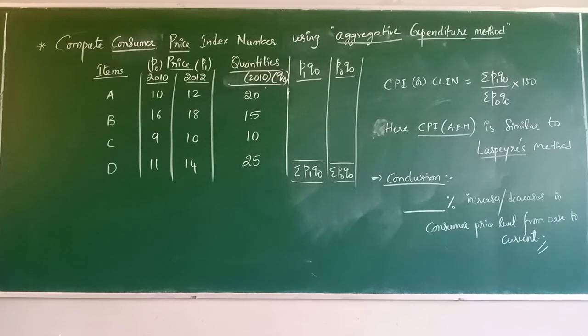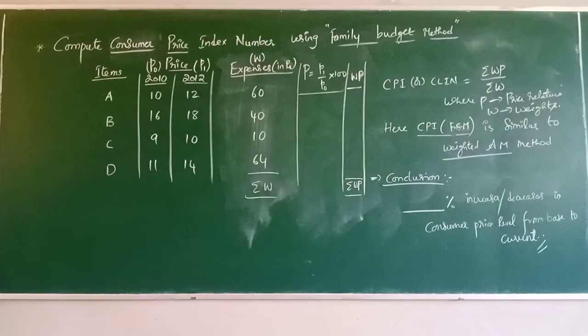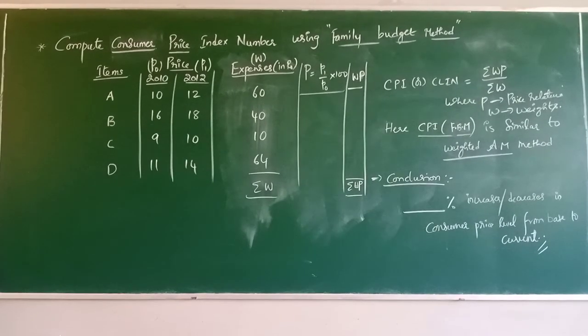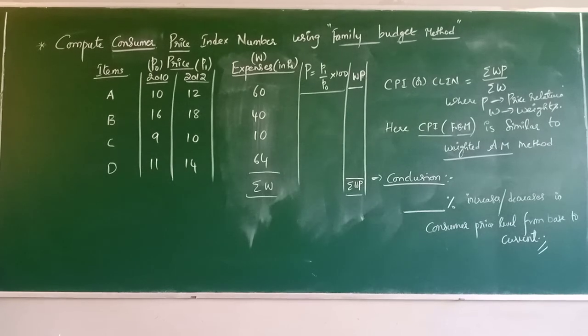So let us see the next method in consumer price index number, which is the family budget method. Yes, coming to the next method, compute consumer price index number using the family budget method. See guys, sometimes in the question it won't be clearly asked as a family budget method.